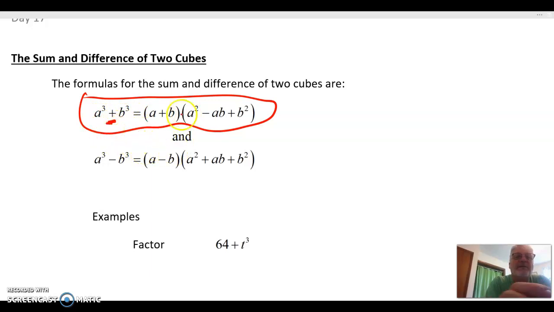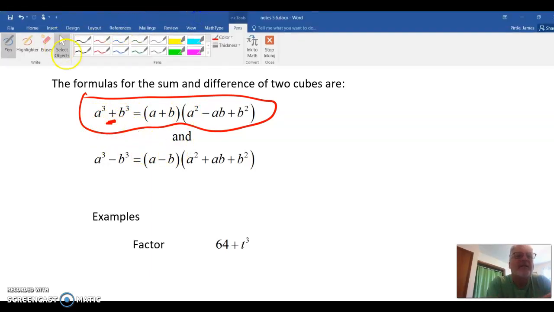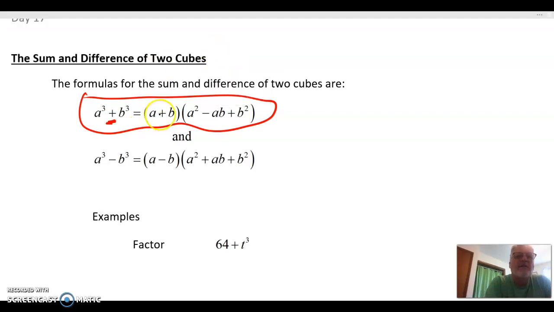And the way I always say this is going to get a different color. This sign is the same as this sign. This sign is opposite of that sign. This sign is always positive. So it goes same, opposite, positive. Same thing down here. This is same as this one.